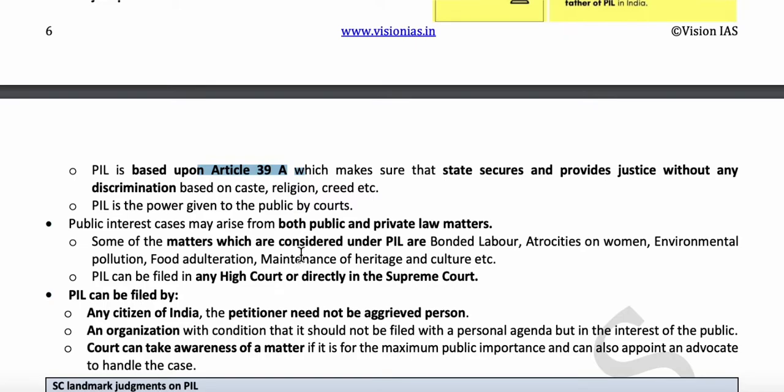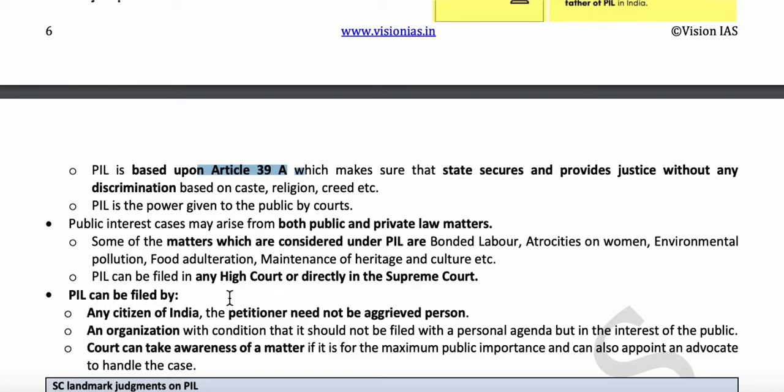It is not only a person who is undergoing bonded labor or violence, but any citizen who has information on those cases has the power to file a case, and this power is given to the citizens by the court. You can file public interest litigation in high courts or directly in the Supreme Court itself.